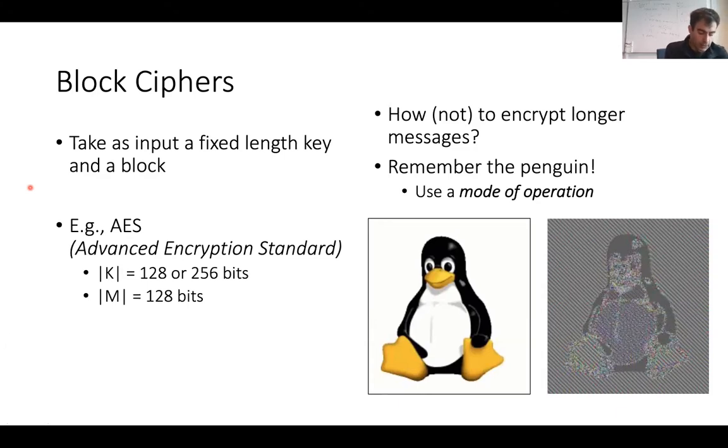This was chosen in a public competition which the National Institute of Standards and Technology, NIST, ran some years ago, where cryptographers from all over the world were invited to submit their proposals for a new encryption scheme. This was a completely open and transparent process where researchers submitted the design, and then for 2-3 years after the submissions were sent in, all cryptographers on the planet were attacking each other's encryption schemes.